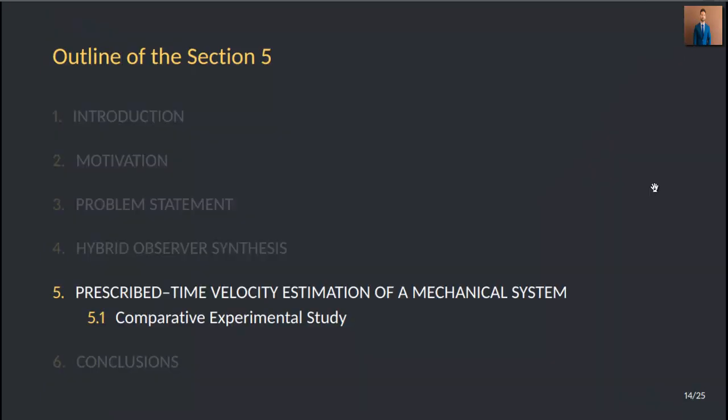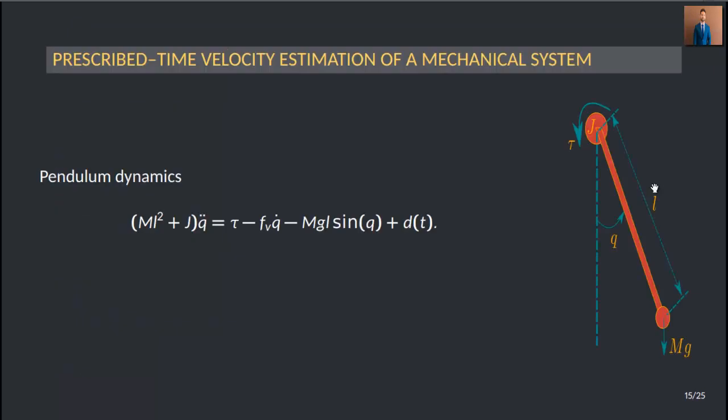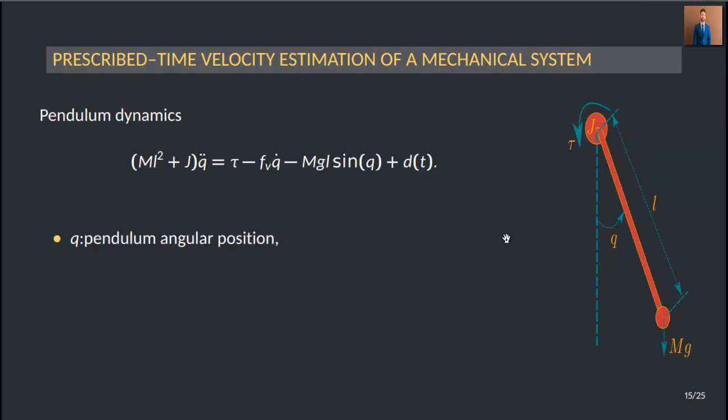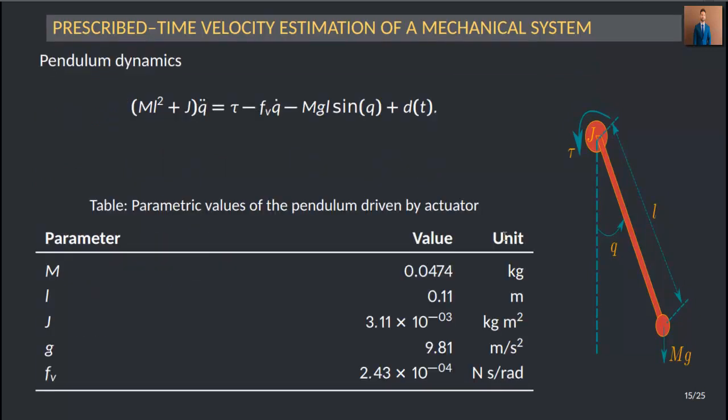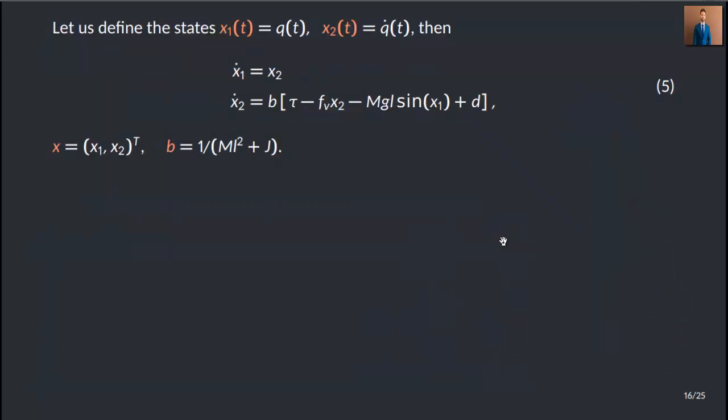This section is devoted to describing a velocity estimation of a mechanical system. In this case, we are using the pendulum system as I'm showing here on the right, with this dynamics, where q is the angular position, dot q is velocity, tau is the torque, and d collects external disturbance. The parameters of the pendulum are given in this table, and we start by defining the state x1 position and x2 velocity.